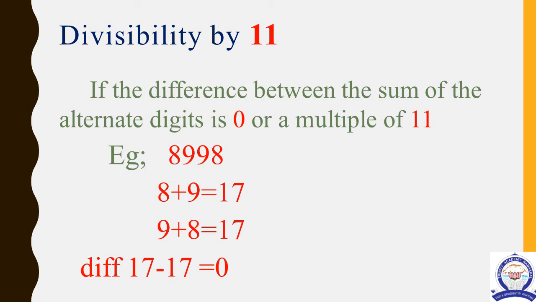We have to add the alternate digits. So 8 plus 9 equal to 17. 9 plus 8 is equal to 17. So you find the difference. So the difference is 17 minus 17, that is equal to 0. So the difference should be 0 or a multiple of 11. This is the rule of 11.